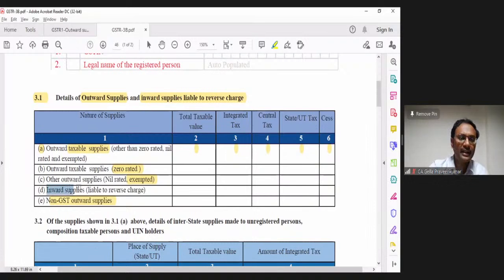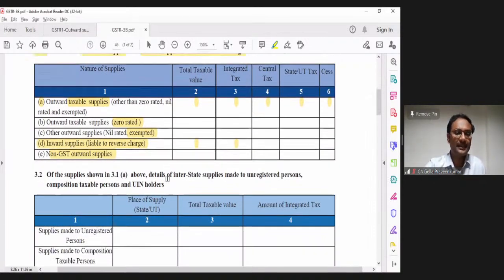Inward supply liable to RCM. Now this D column: my purchases, GTA, advocate services, or director services, import of services, all those transactions, I'll come and show in my table number D. This is how I disclose my inward supply on which I have to pay tax on RCM.